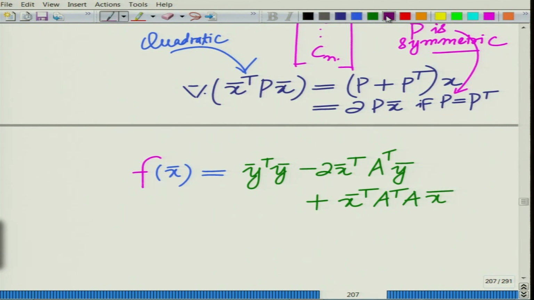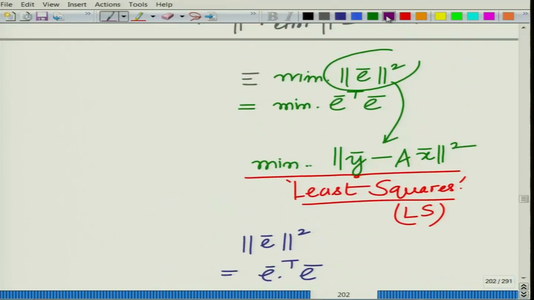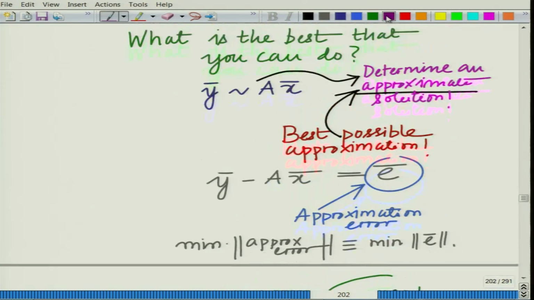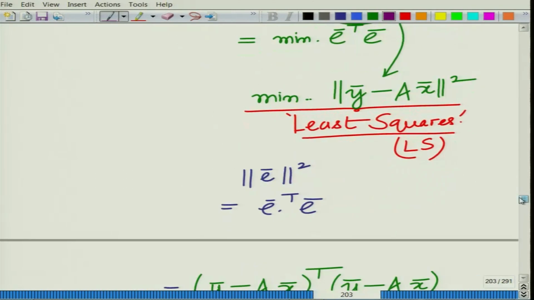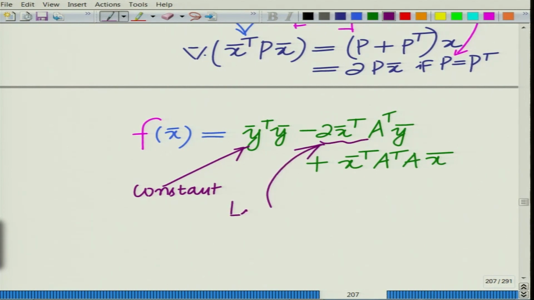Now essentially what you are going to see is that this is a constant, which does not depend on x bar. This is your linear term, and this is your quadratic term, second order term. So, overall this is a quadratic expression.